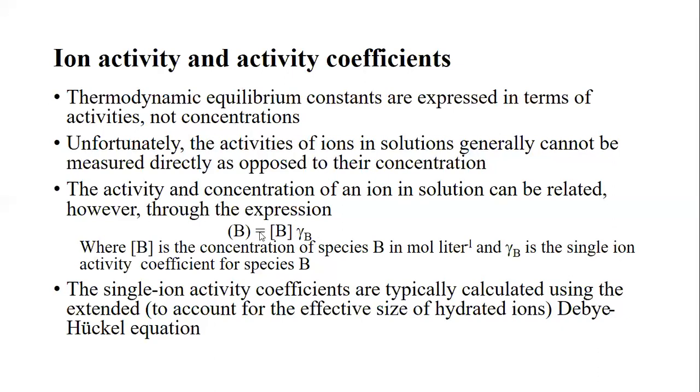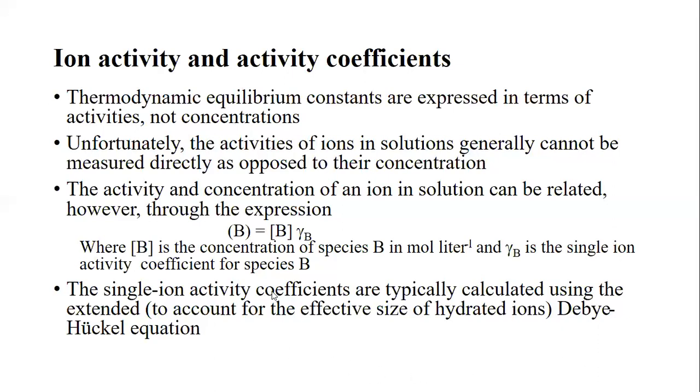How do we obtain the activity? We said we cannot measure it in the laboratory directly. So we measure concentration by analytical methods in the laboratory, and we need what we call gamma of B, gamma of any ion.